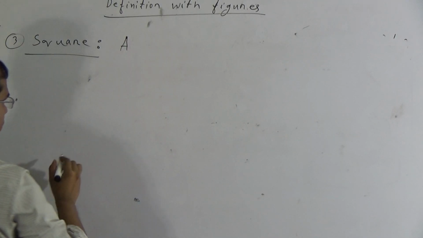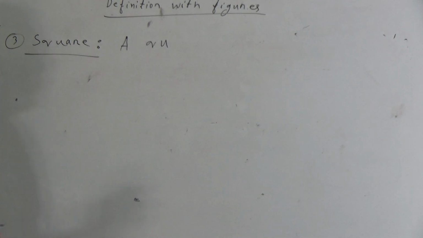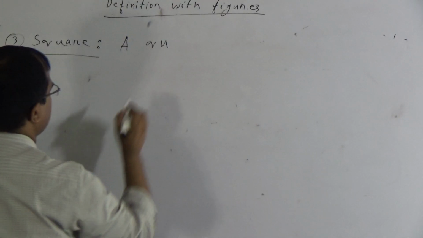At first we will write the definition. A quadrilateral whose all sides are equal and all angles are right angles is called a square.